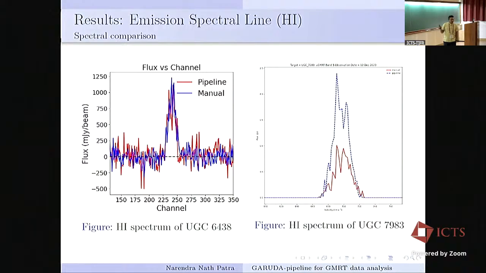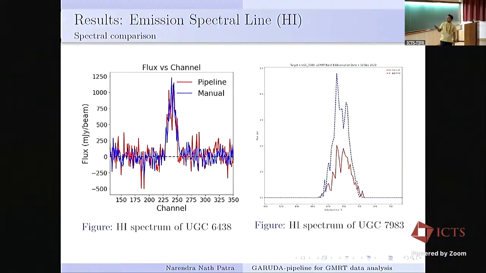We have also tested spectral line observations. We have analyzed many data sets by now, but I'm just showing 1 or 2 galaxies here. On the left hand side is the HI spectrum of UGC 6438. As you can see, the manual and the pipeline results match pretty well.